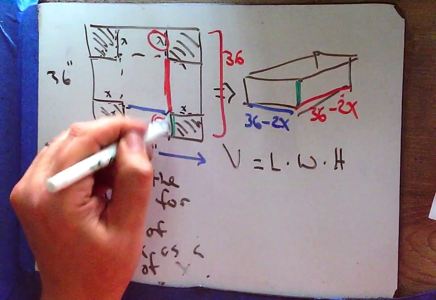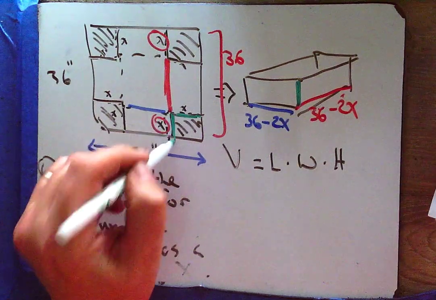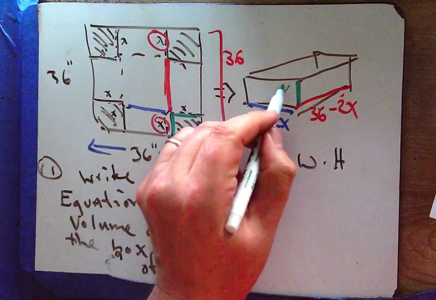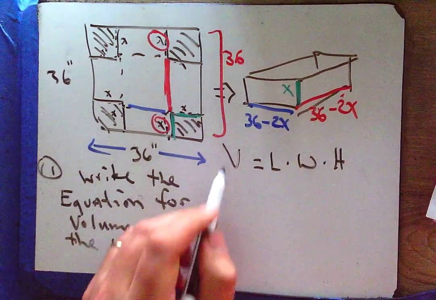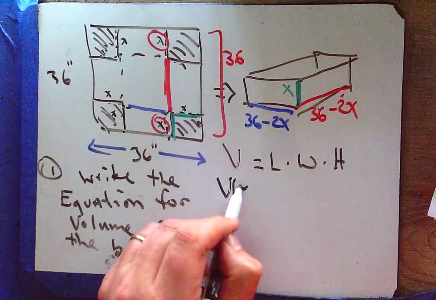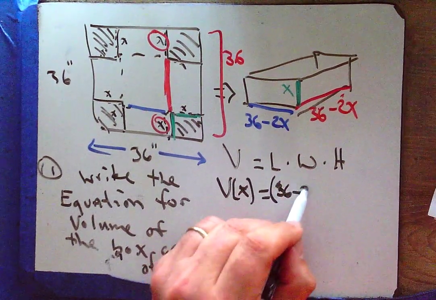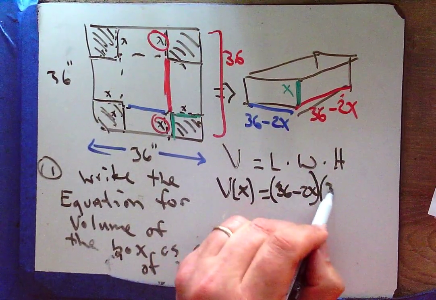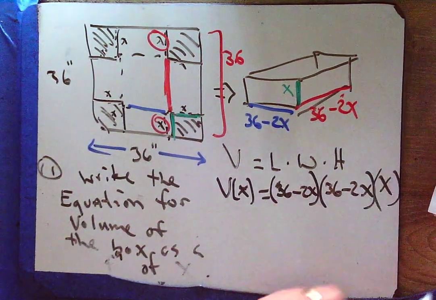This height is here. When this folds up, it matches this as it folds up, and so we know that's x. So I can write volume as a function of x by doing length 36 minus 2x times width 36 minus 2x times height x.